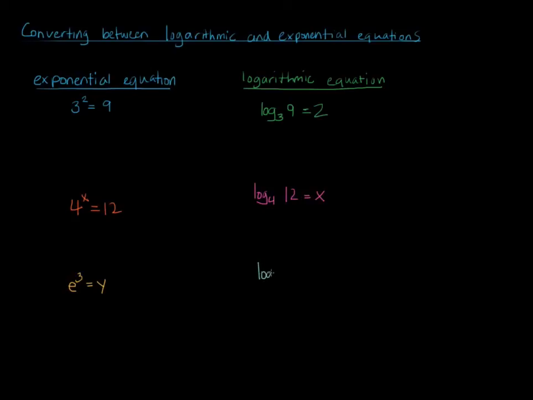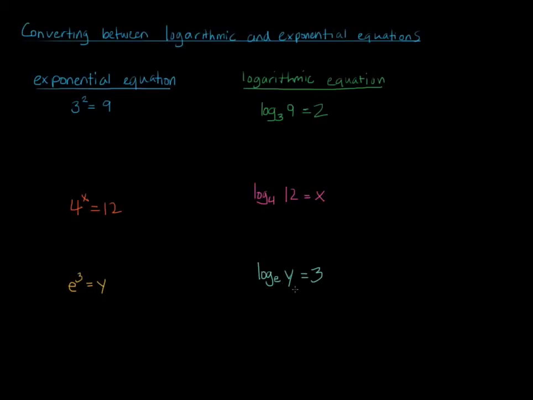So the base is the same, so log base e of the output, of y, equals the input of the exponential function, which in this case is 3, or the exponent, always equal to the exponent. So log base e of y equals 3.